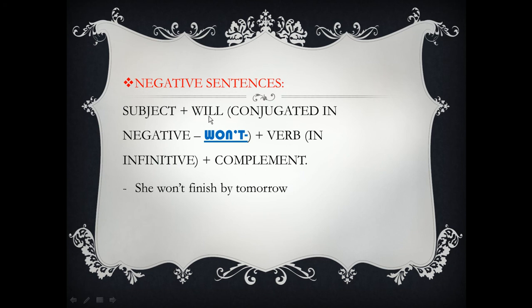Again, subject, negative, verb in infinitive, and then we got the complement. Okay, I won't call him then. Again, negative. Won't for I, you, she, he, it, we, they, you know, for every single subject. And you won't have any problem. Yeah, and that's it. Simple.